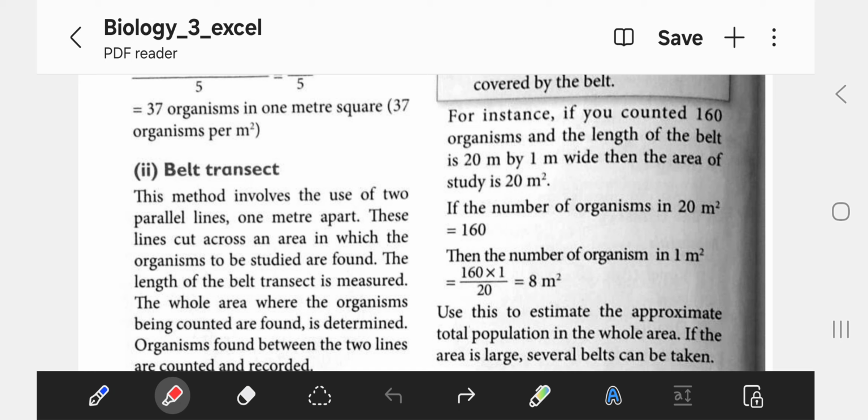Yes. So the first capture mark: this group of students was catching beetles. On the first day they captured and marked 7 beetles. That means the first capture mark is 7. Yes. On the second day they captured 8 beetles. The second capture is 8 beetles.